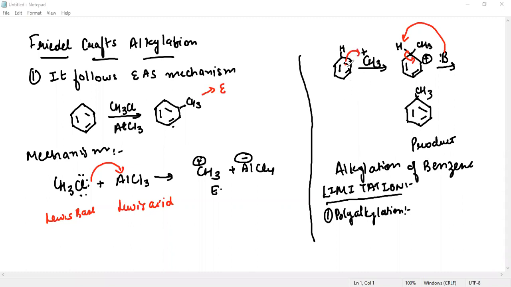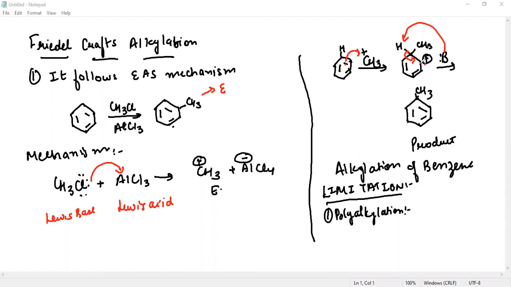So you have your CH3 substituted here, and this carbon bears the positive charge. There was a double bond here, it attacked the CH3, so CH3 got added here, and this is your plus charge on this carbon.